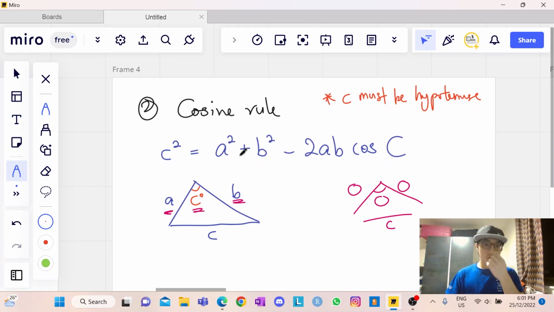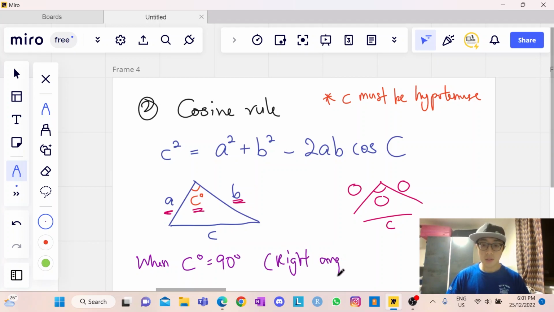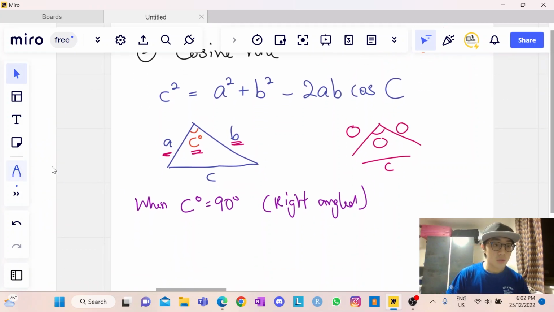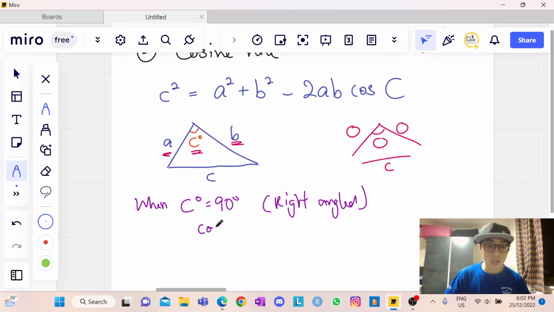When this is a right angle triangle, when C is equal to 90 degrees, from the previous video we know that cos 90 is equal to 0.